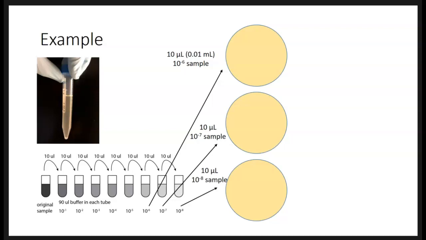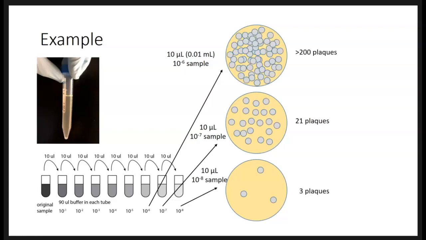So on this top plate, we have spread out 10 microliters of our 10 to the minus 6 dilution, 10 to the minus 7th, and 10 to the minus 8th. We'll then incubate those plates, have the bacteria grow, so that we can see the results of the plaque assay.